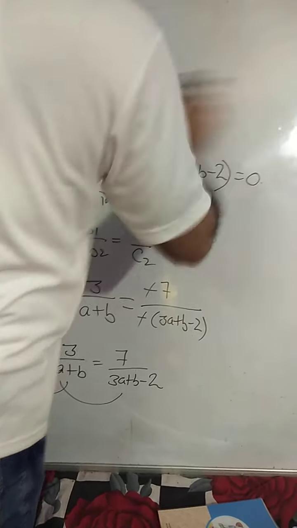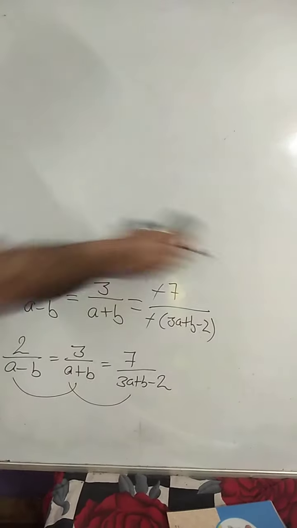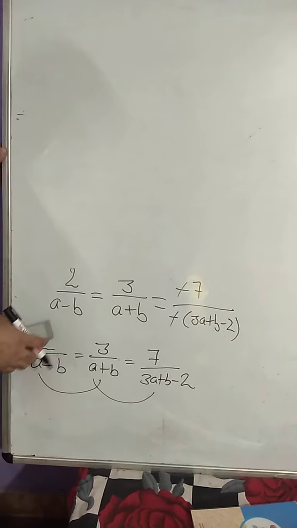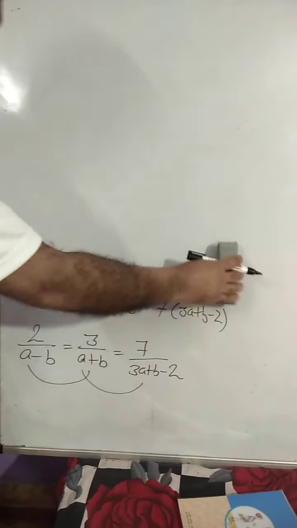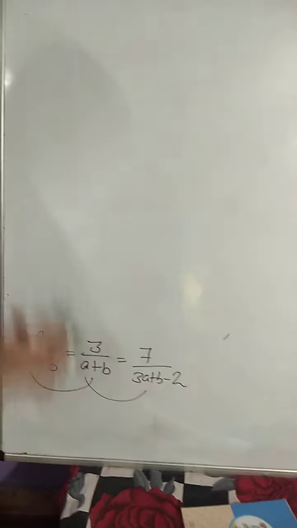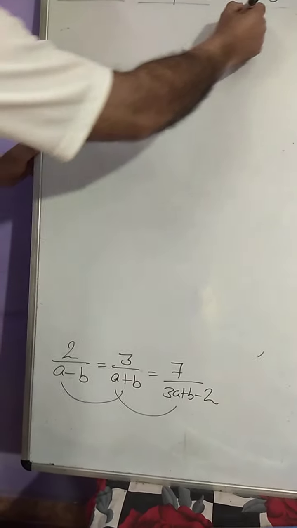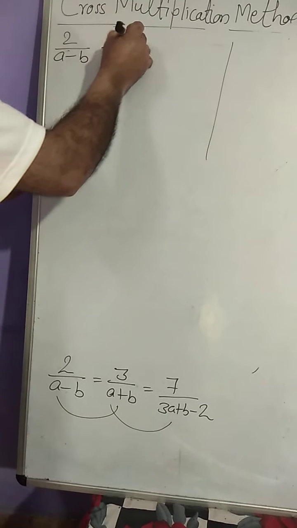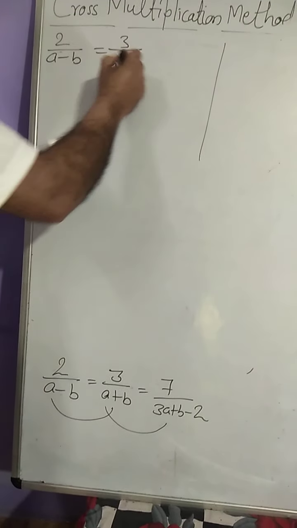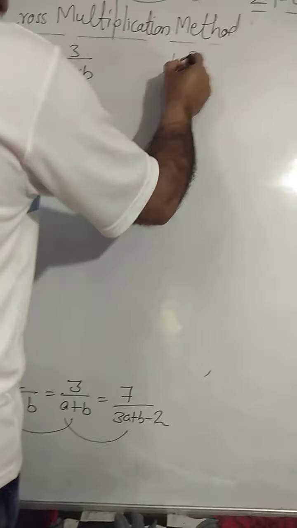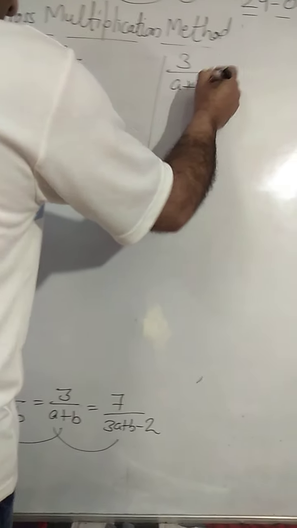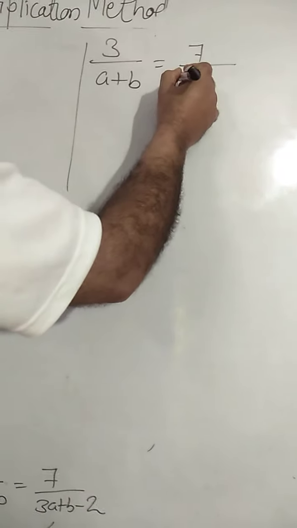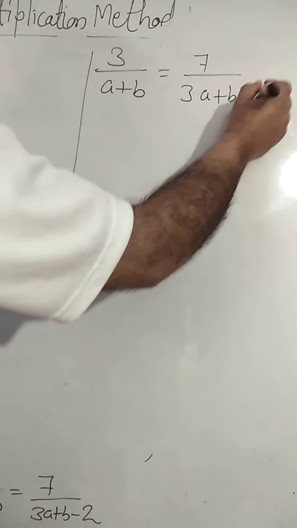In this case, all 3 ratios are equal. I am taking first equal to second, then second equal to third. So taking first and second, 2 over a minus b equals 3 over a plus b, and second and third, 3 over a plus b equals 7 over 3a plus b minus 2.